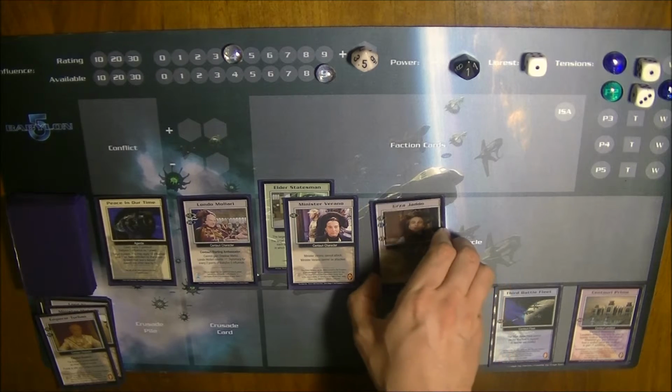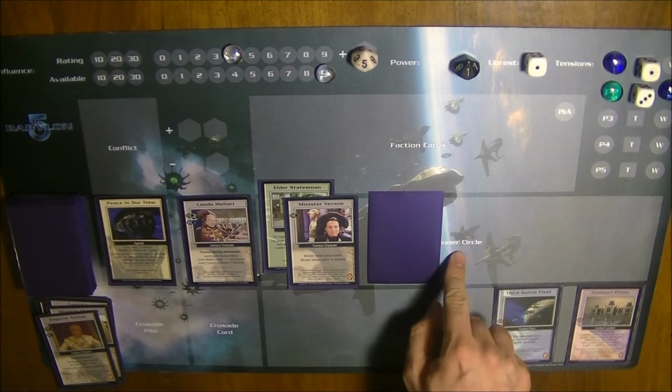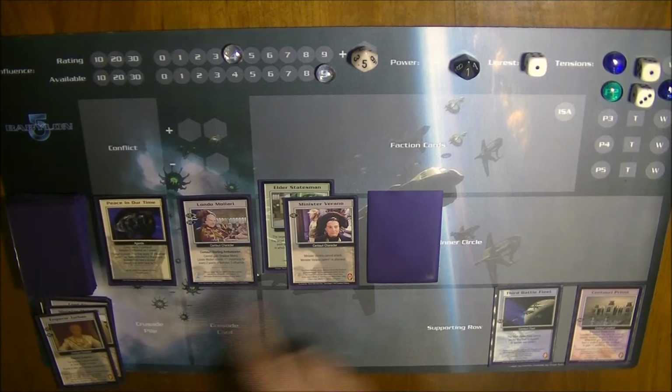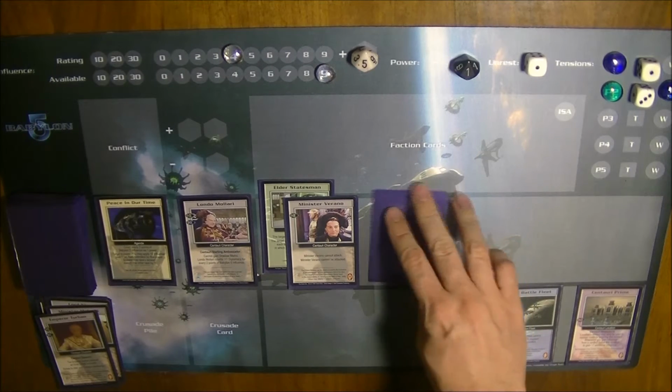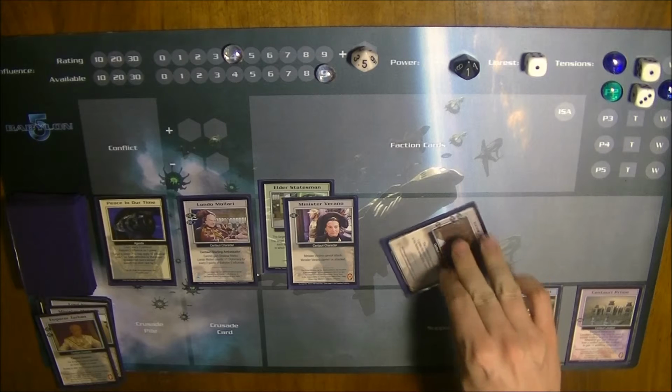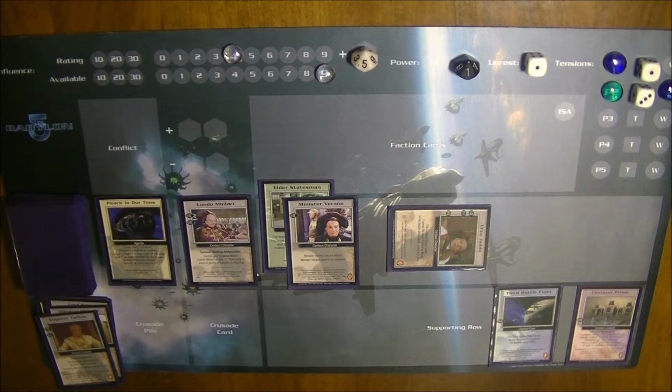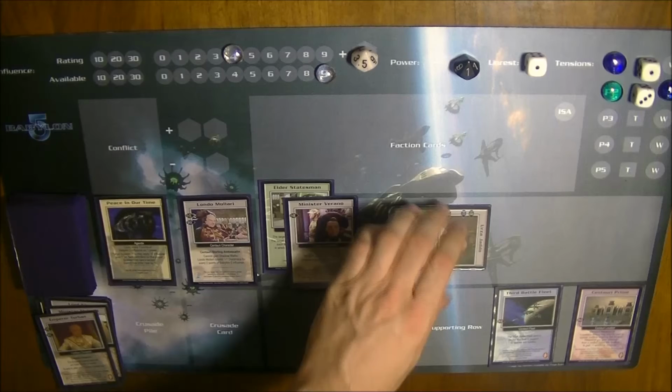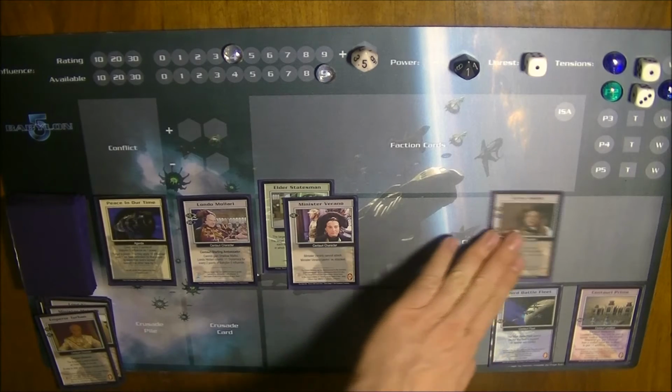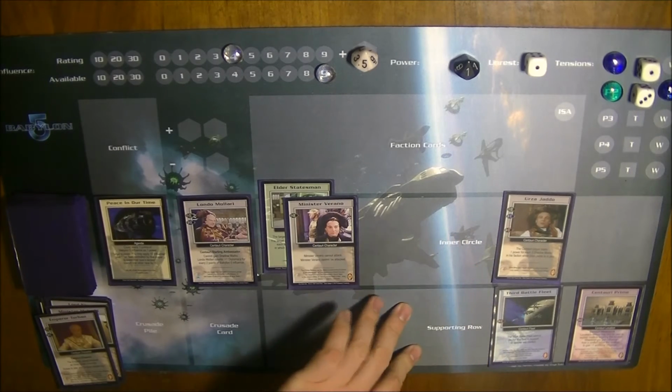If a character is neutralized in the inner circle, it does not leave play at the end of the round, but can be healed through rotating and healing the character. We will talk about the different actions, such as healing a character or sponsoring and promoting, in a later video, but those are the main differences between the inner circle and the supporting row.